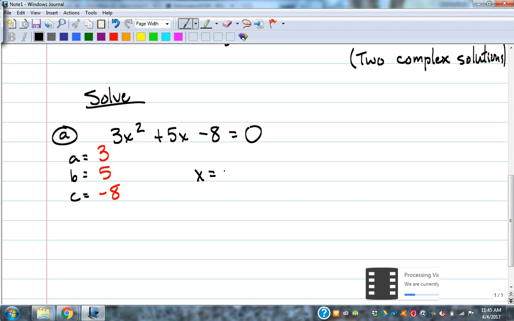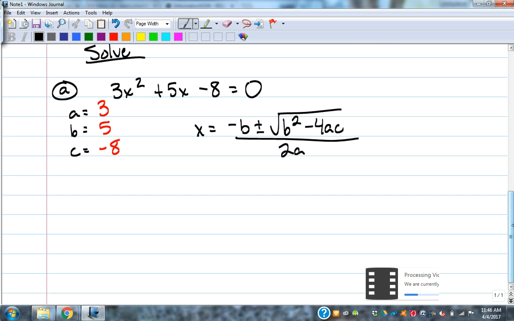And remember, x equals -b plus or minus radical b squared minus 4ac divided by 2 times a. That's our formula. And we're going to plug in everything that we know. We know A, B, and C, so we're going to plug those in.